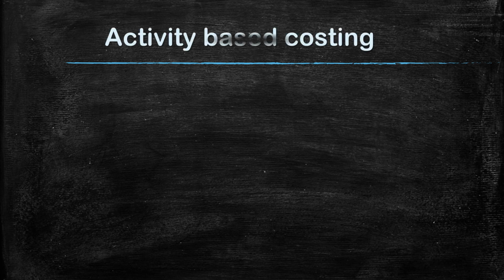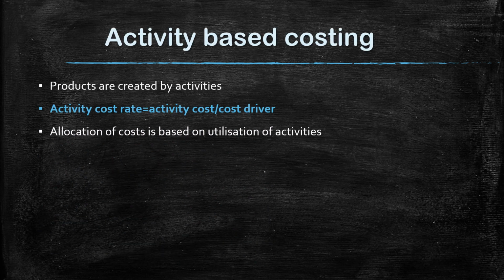Now, another system that we're going to look at here is ABC, activity-based costing. In activity-based costing, unlike the traditional costing system, we assume that our products are created by activities. What do I mean by activities? Say you have a range of products, right?